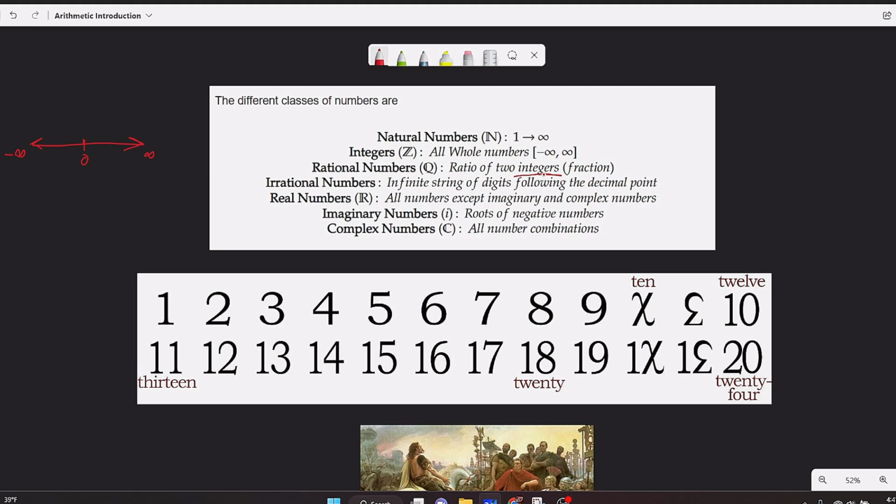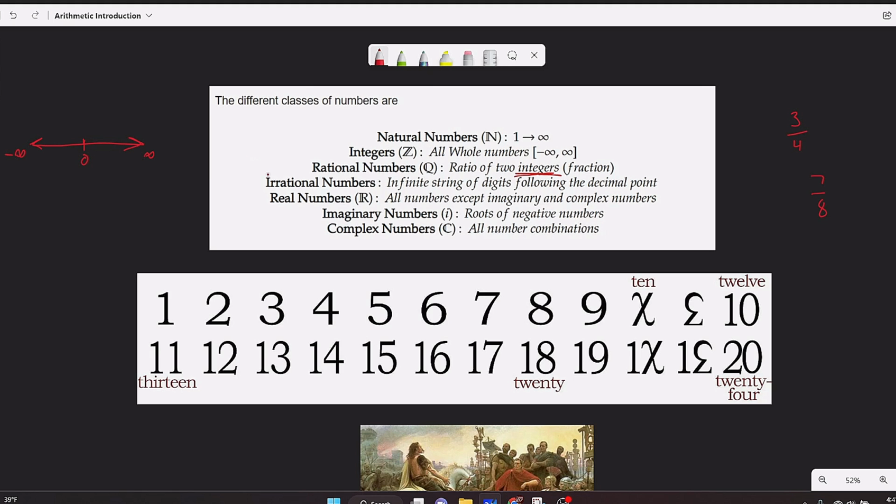It's important to note that this is a ratio of two integers, as you'll see with the next class. This is an important distinction to make. Really a rational number is just any common fraction you might see, like 3 over 4, 7 over 8, anything with two integers acting as a ratio.